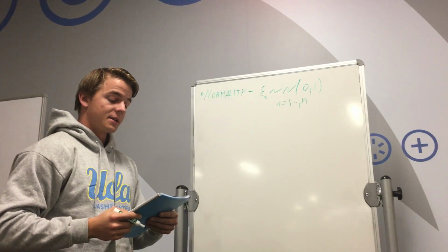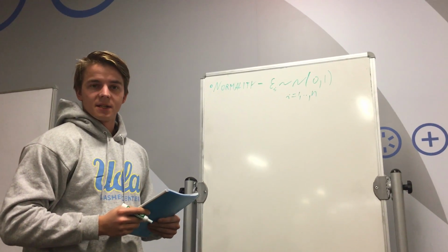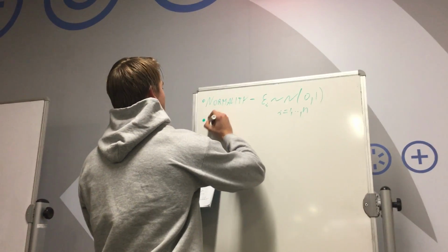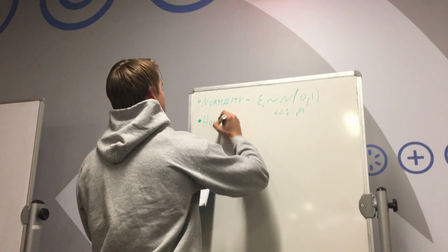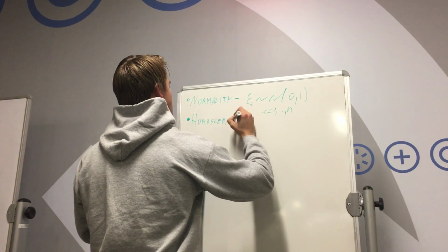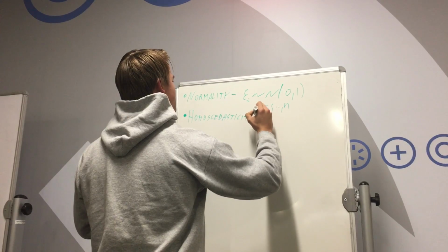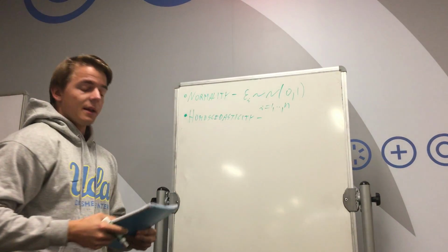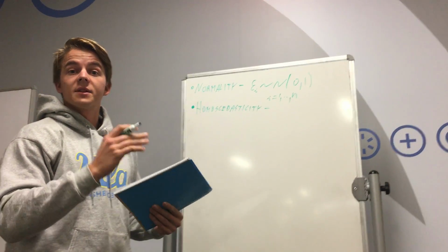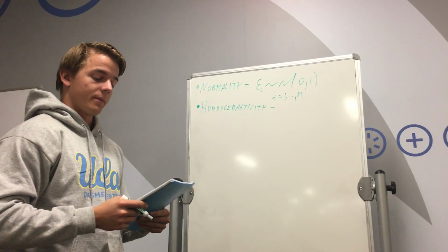Second assumption is the one of homoscedasticity. And this assumption says that our error components have to have the same variance, all of them.